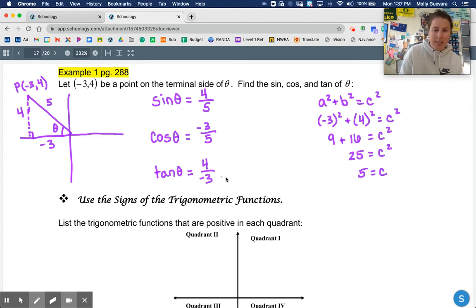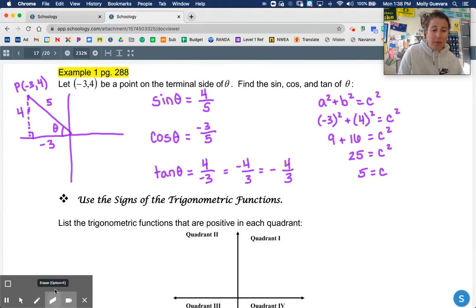So you can write this as 4 over -3, or you can do -4 over 3, or you can do -4 over 3. Okay, so 3 different ways to write it, doesn't matter, whatever you feel comfortable with. So just using that visual of drawing that triangle, we can find sine, cosine, tangent from any point, which is kind of nice.